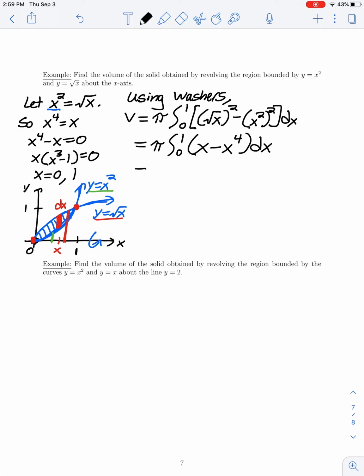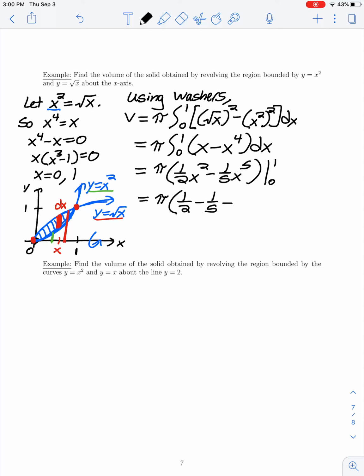So we have pi times, when we evaluate at x equals 1, 1/2 minus 1/5, and then we subtract what we get when we evaluate at x equals 0, which is 0.